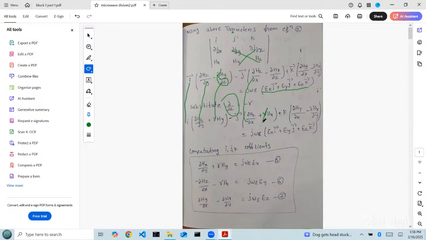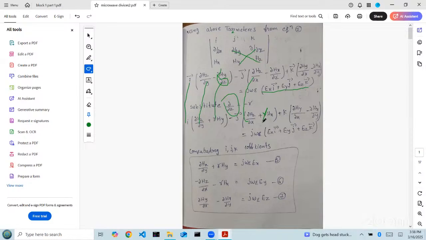In the RHS, what will you get? Minus jωμ. In place of H, what do you have to write? Hx, Hy, Hz. Again, you have to do the matrix determinant form and equate LHS and RHS. You will get 3 equations.